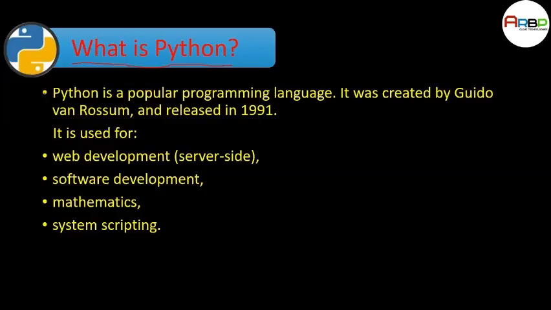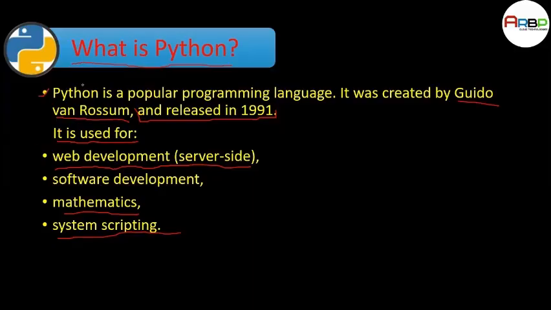Python is a popular programming language. It was created by Guido van Rossum. He was the creator of Python, and he released it in 1991. Python is used for web development, server side, software development, mathematics, and system scripting.